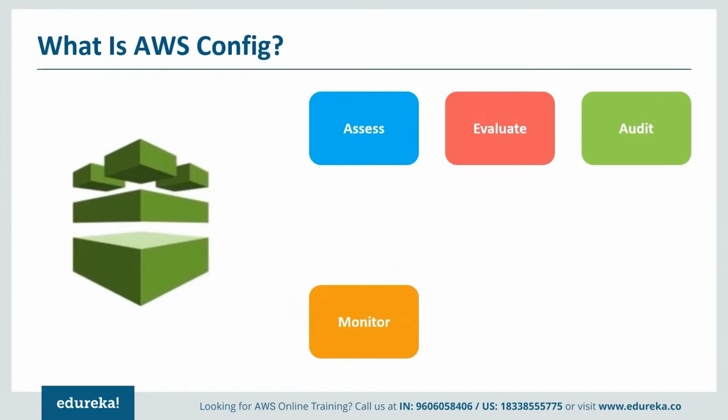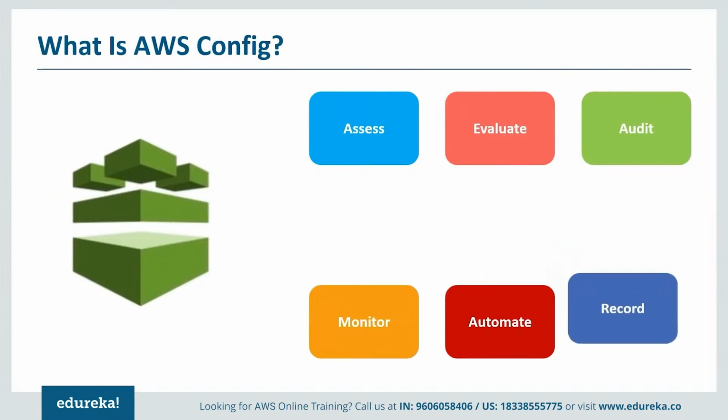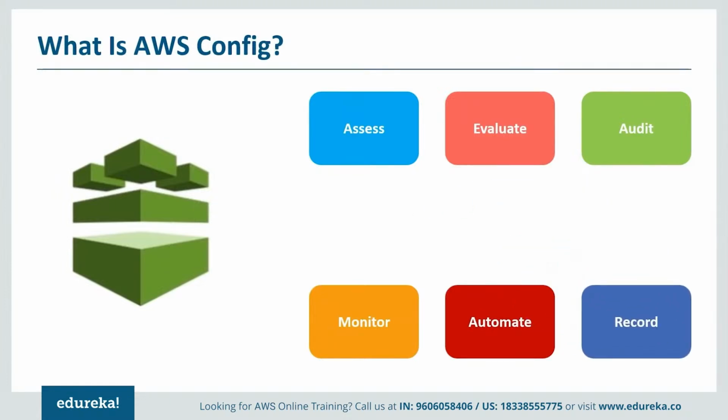Plus, you can take a call as to whether you want to automate certain configurations, and if you want to, AWS Config helps you in doing that as well. Since you're monitoring everything, it's important that you keep a record of everything that is happening, and AWS Config lets you record the changes or the monitoring process or everything that is happening around you in a much, much better way.